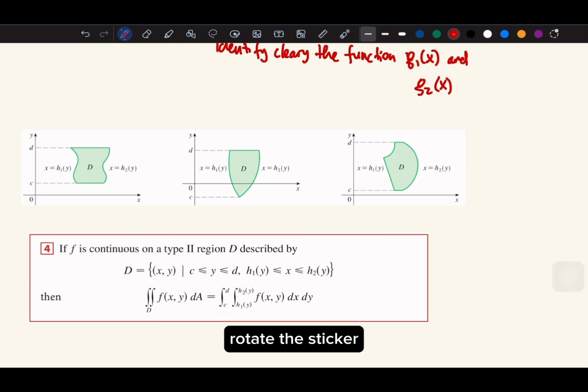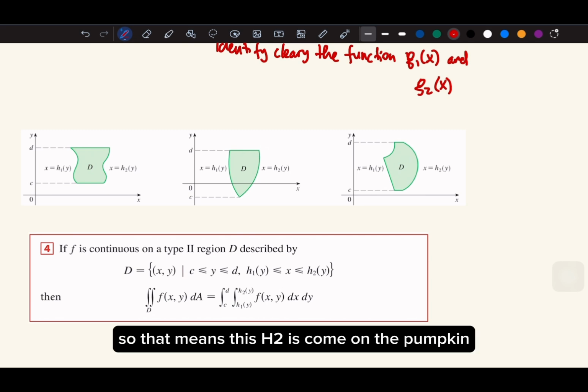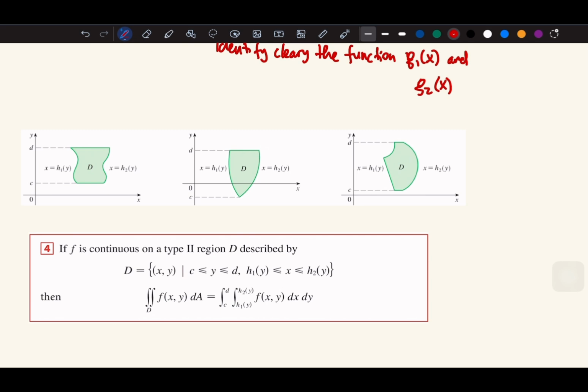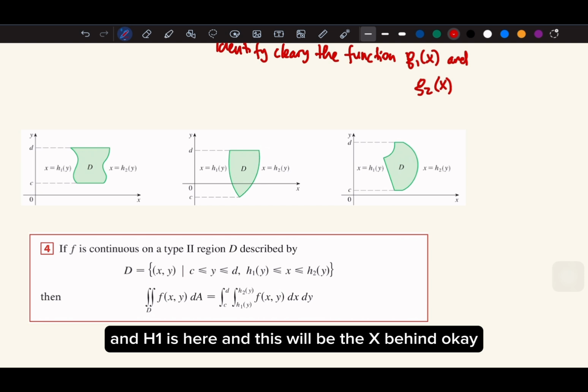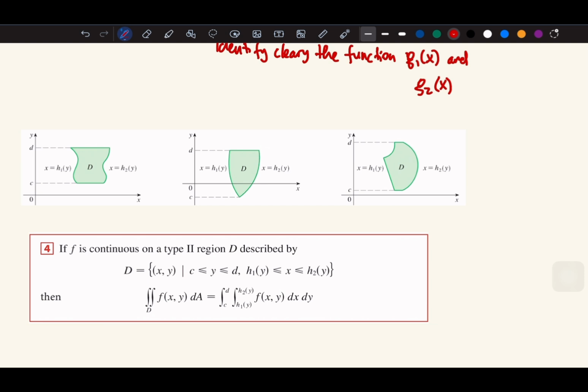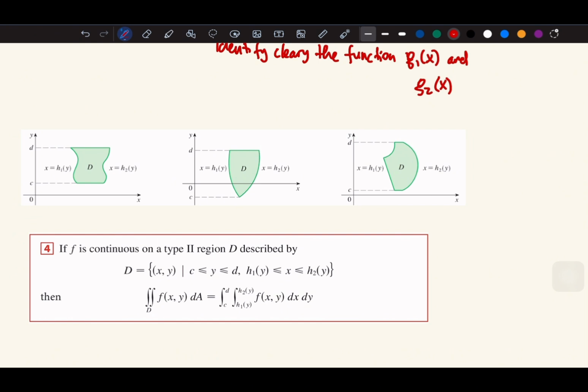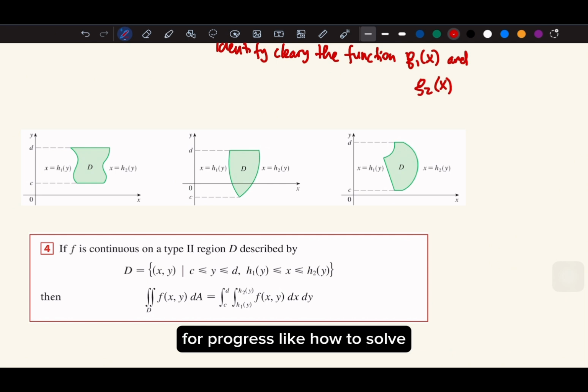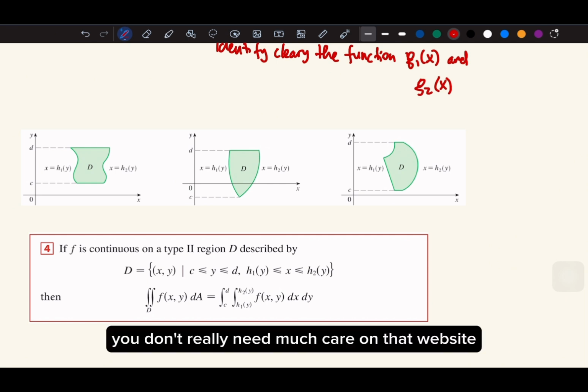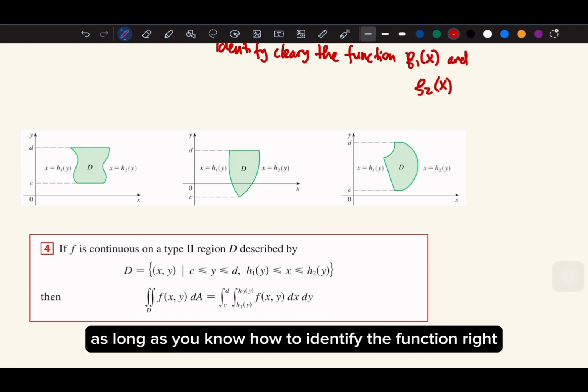So that means this h2 comes on the top here, and h1 is here, and this will be dx dy. This we call type 2. But for how to solve, you don't really need to care much about which type, 1 or 2. It doesn't matter as long as you know how to identify the functions.